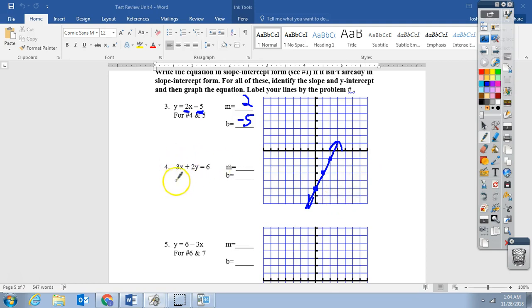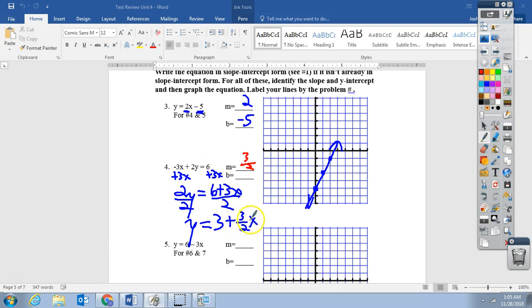Number 3, yes, I would have to add 3x on this side, add 3x on this side to get 2y equals 6 plus 3x, because you can't really add those together. Divide by 2, divide by 2. You get y equals 6 divided by 2, 3. 3 divided by 2 is 3 halves. So that means my m is 3 halves. How do I know?